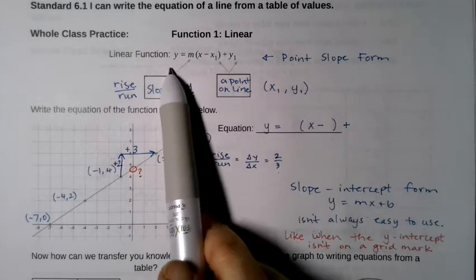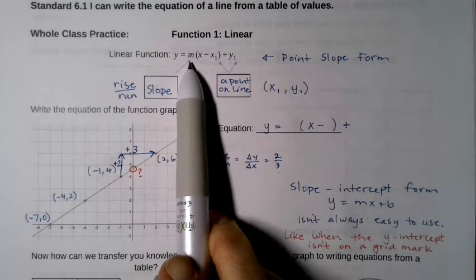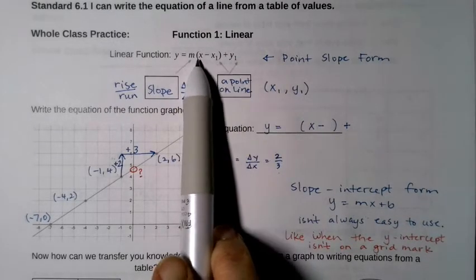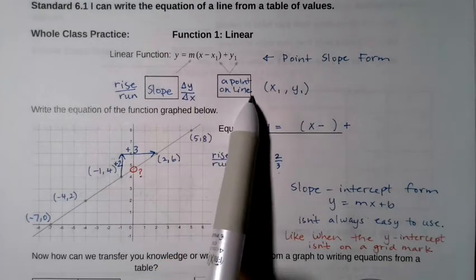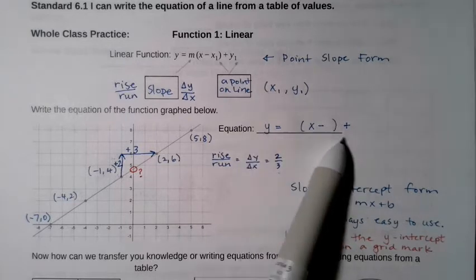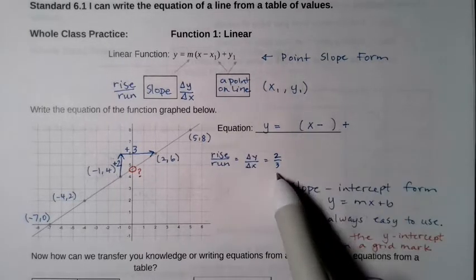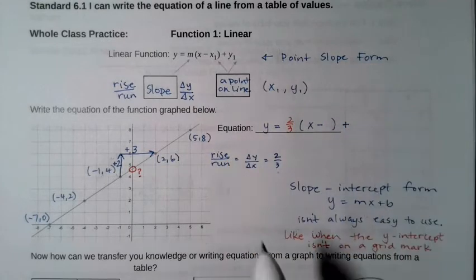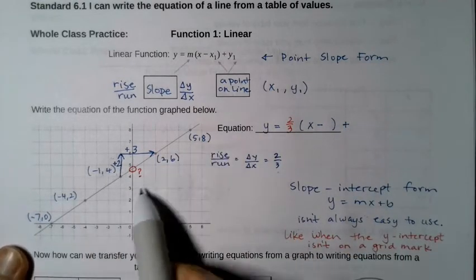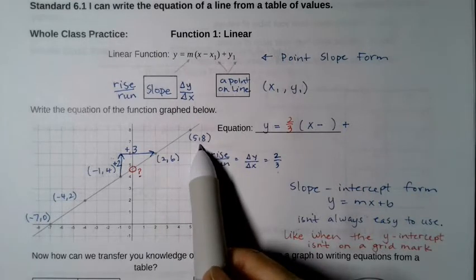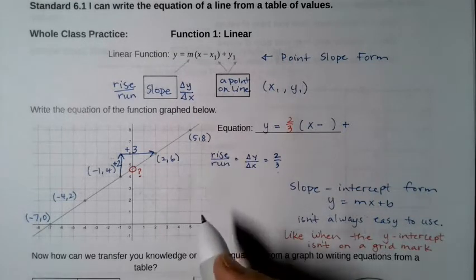Looking at our equation, y minus y1 equals the slope value times the quantity x minus the x value. So I put the basic equation here. Our slope is 2 over 3, so I'm just going to plug that in there. And we're going to pick one of these points to plug in. I usually like to pick positive points because then I don't have to worry about extra negatives.